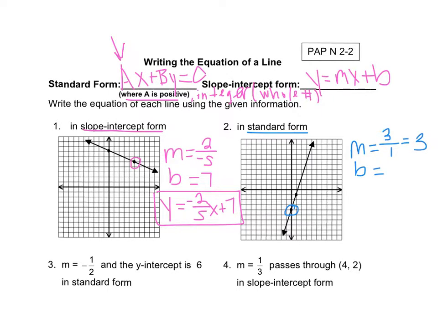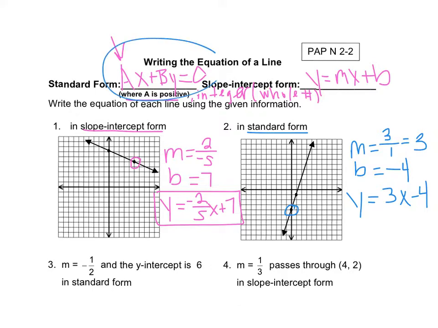If you had chosen the other point, it would have been down 3, which is negative, left 1, which is negative, but a negative divided by a negative is a positive. Okay, so your y-intercept is negative 4. So anytime you know slope and y-intercept, you're going to go ahead and plug it into slope-intercept form, even though it wants it in standard form, so you have to do that first. So y equals 3x minus 4.